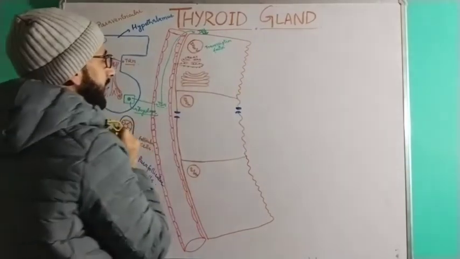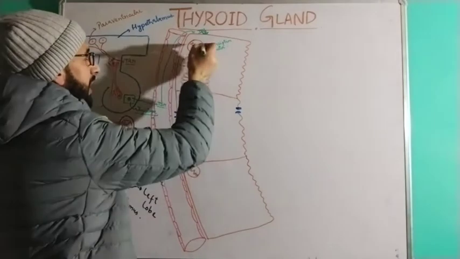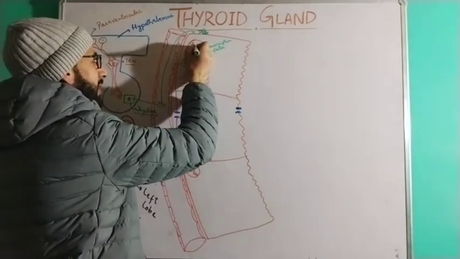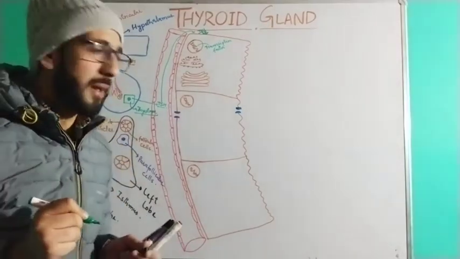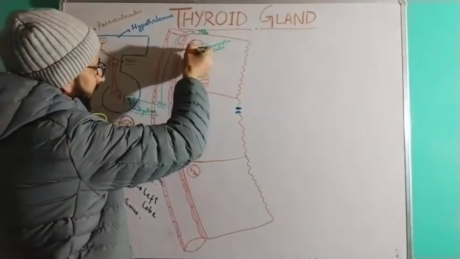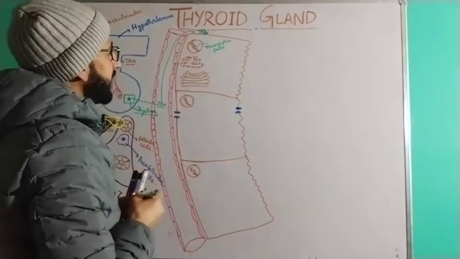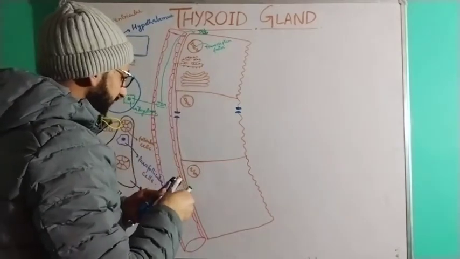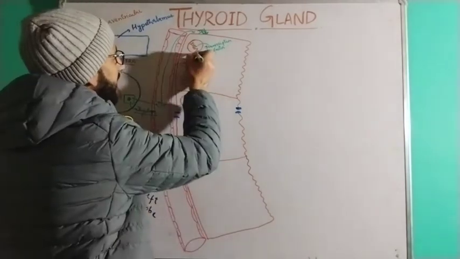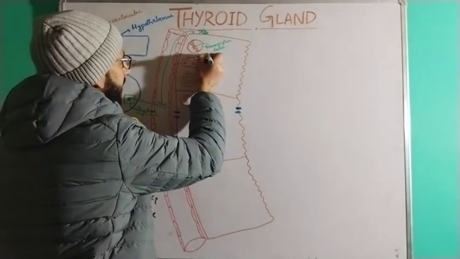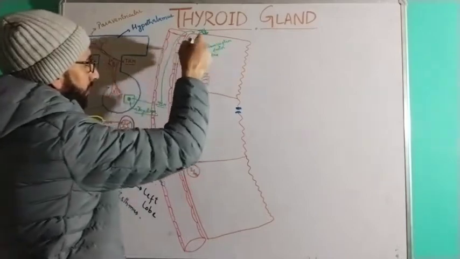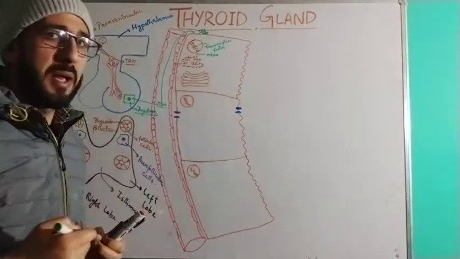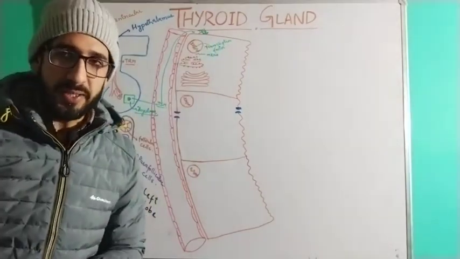When that transcription factor is activated, it will act on specific genes in the nucleus of this follicular cell. When the specific genes are activated, there will be the synthesis of RNA, which will be mRNA. That leads to the formation of mRNA, the process of transcription.